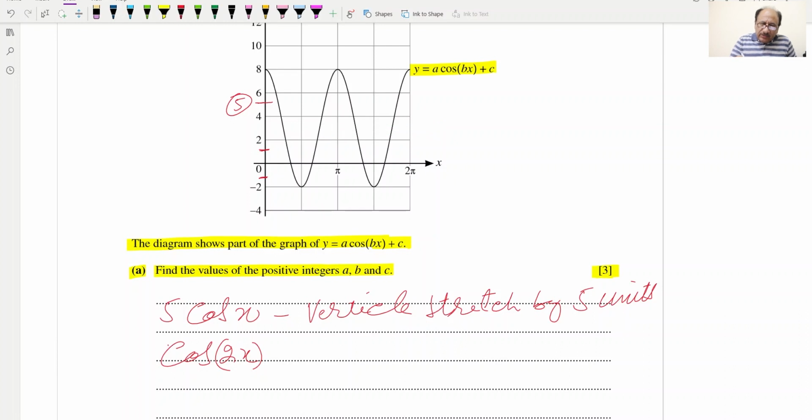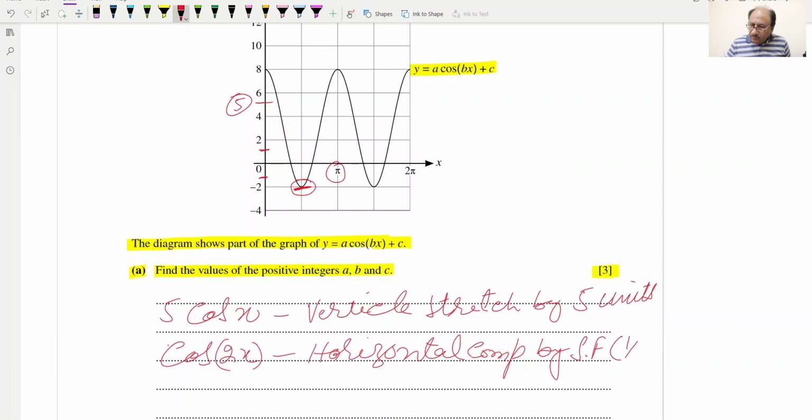If we check, instead of -1 at pi, it is at pi by 2. So it is by scale factor 1 by 2. Horizontal compression by scale factor 1 by 2.